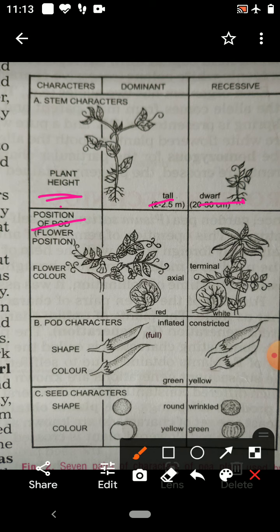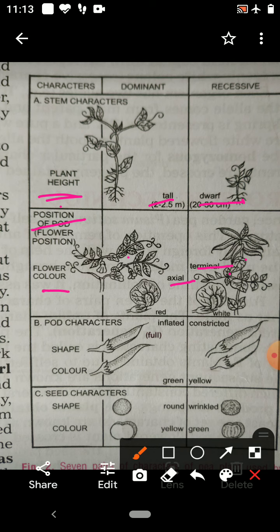Some flowers were found in the axial, axial means between the stem and leaf. Some flowers are terminal in some plants. There were 2 varieties of the plants. In some plants, flowers were axial and in some plants, flowers were terminal. Terminal means flowers were found at the apex.